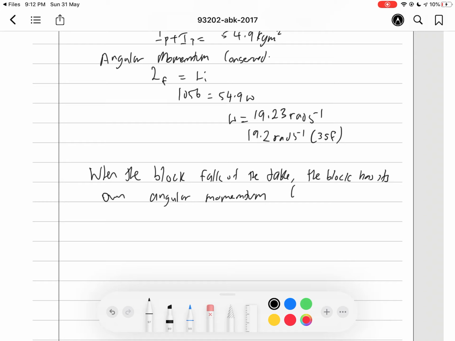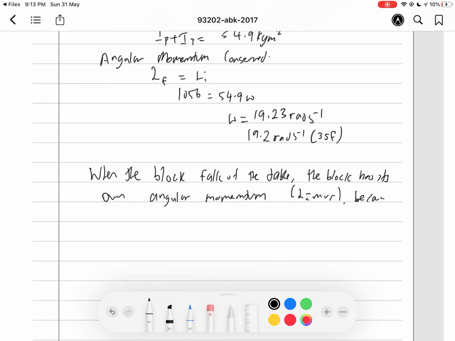And that can be expressed as L equals mvr, not mv squared, mvr. Assuming it falls off in a linear direction, it's going to have an angular momentum given by mvr, and the r is with respect to the center of rotation point of the turntable.